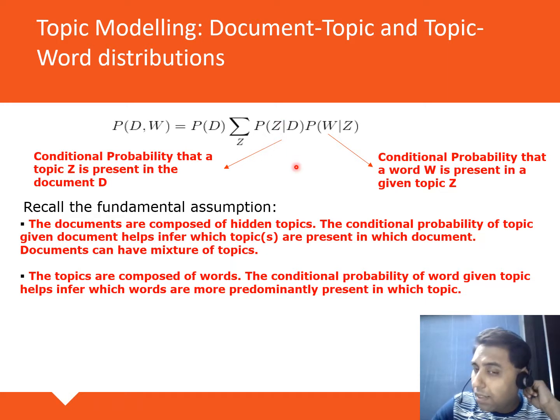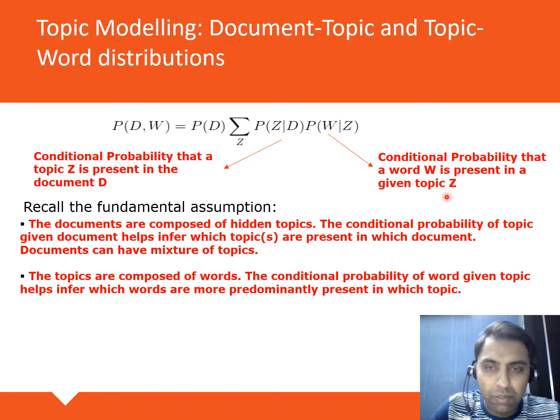And then the second objective of topic modeling is to find out, within each topic, what are the most prevalent words. If you look at the second conditional probability, W given Z, word given topic, that gives us the probability that a particular word is present in a given topic. Obviously some words will be more likely to be present in some topics than in others.